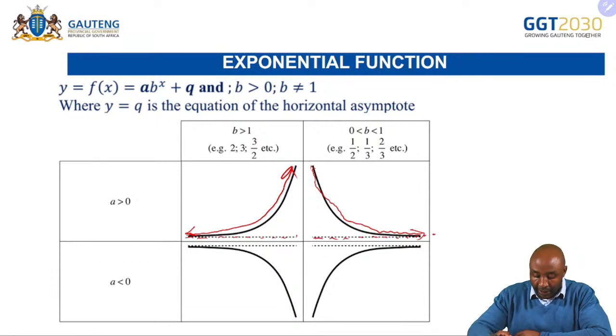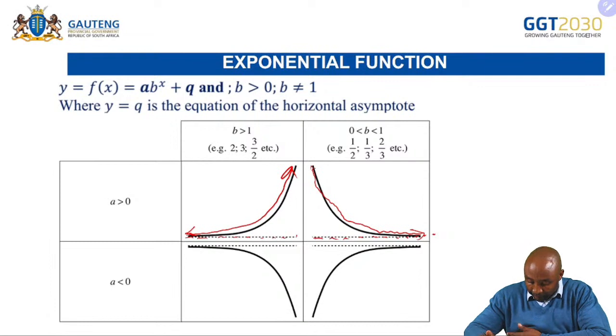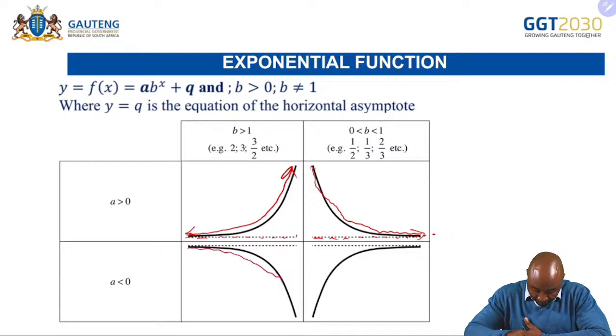If a is less than 0, you reflect the graph about the line of symmetry that you are having there, and you will have the graph. As you can see, that one was increasing. If you have your a as negative, the function becomes a decreasing one.